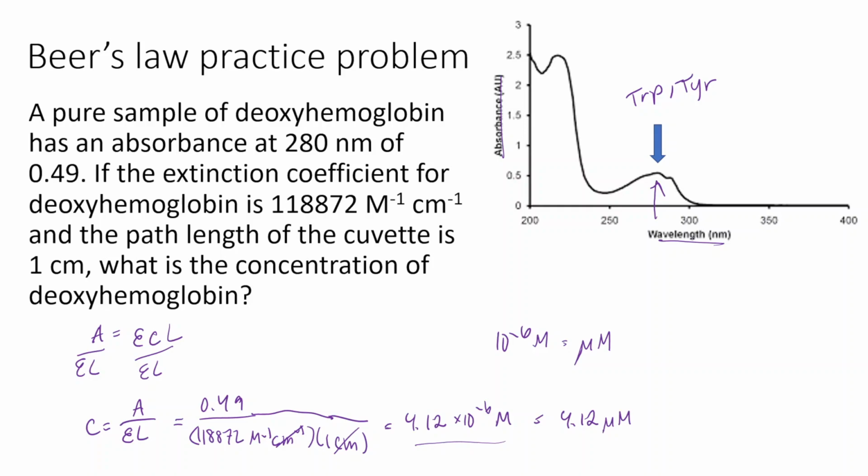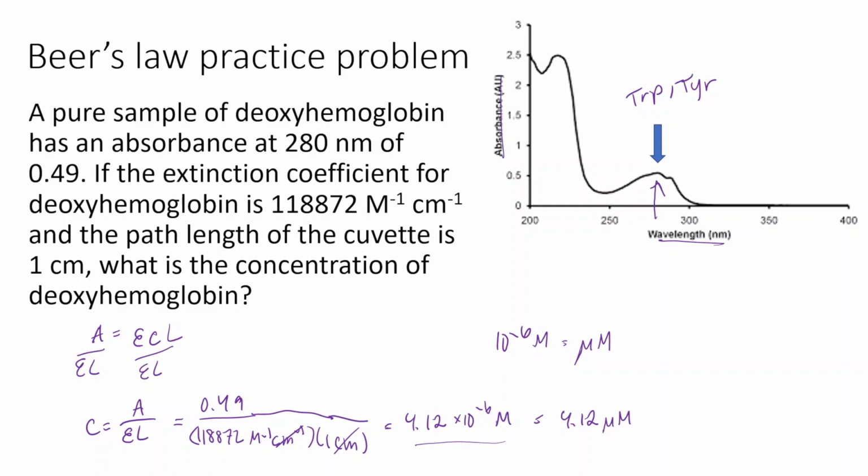All right. So for this example, we had a pure sample, right? A pure sample of deoxyhemoglobin. What would have happened if our sample was impure? What would our results have looked like or told us? That we had higher absorbance, right?